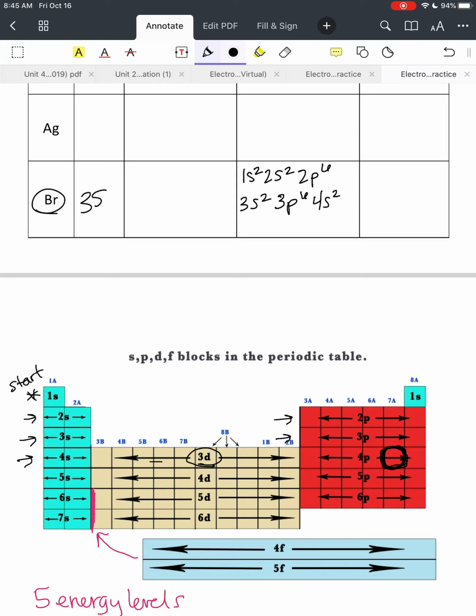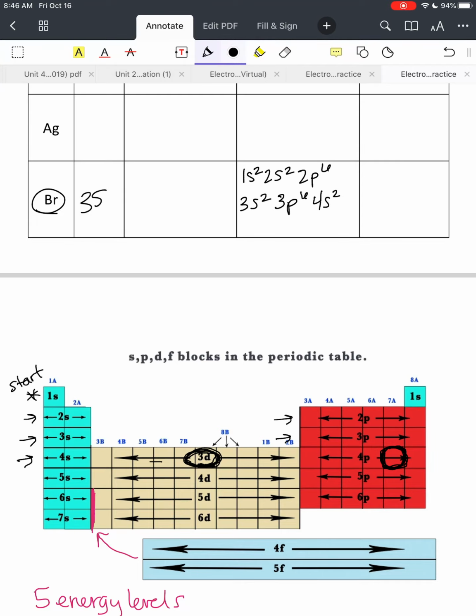Now, as I go across, I'm running into this 3d, whereas I didn't run into that before. So I'm not going to skip it. Even though it goes back down to 3, I'm not going to reorder it out in front of this 4, because what's really happening is that it takes a little bit less energy to hold electrons in this level right here.